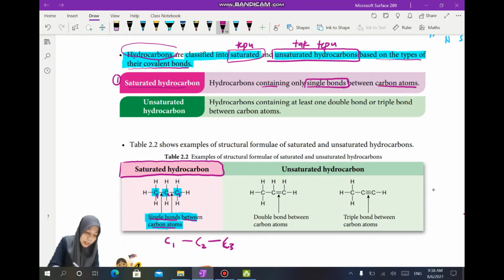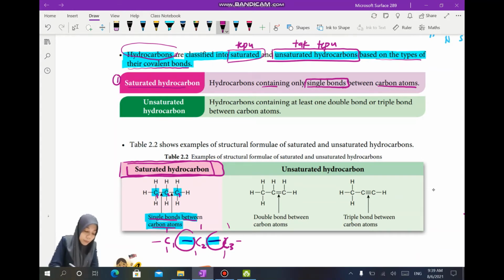Ikatan tunggal di antara atom C1 dengan C2 dan antara atom C2 dengan C3. It just has single bond. So, ini adalah saturated hydrocarbon.